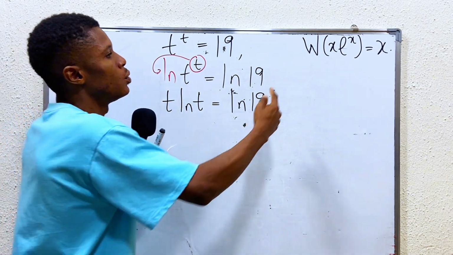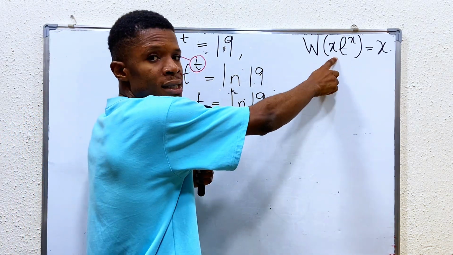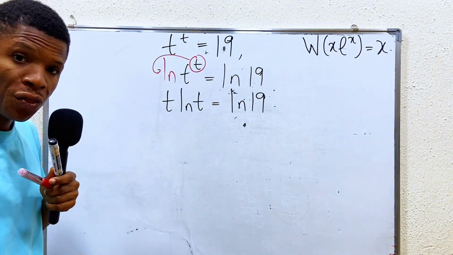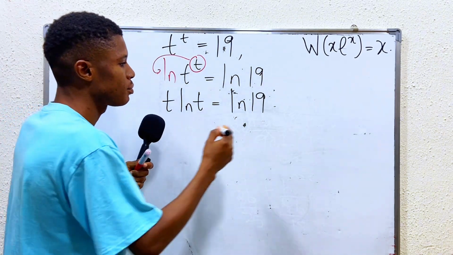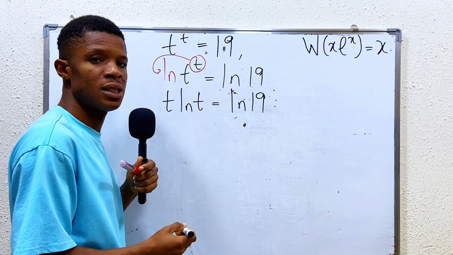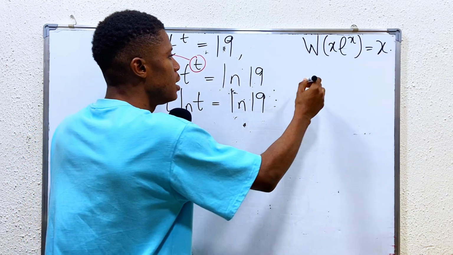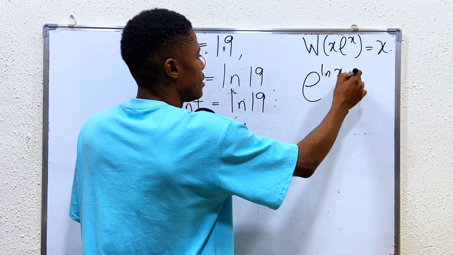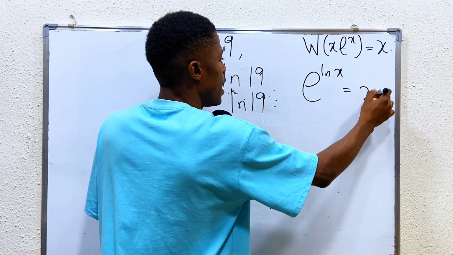But we need to rewrite all this to be in terms of x exponential x. One thing you must recall is the property of exponent and logarithm: whenever you have exponential of ln x, that is the same thing as x.